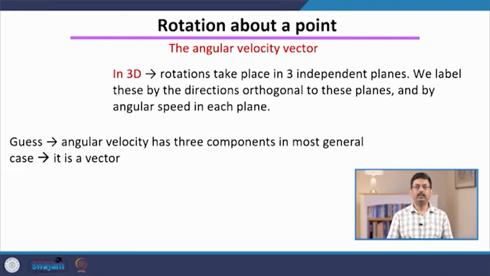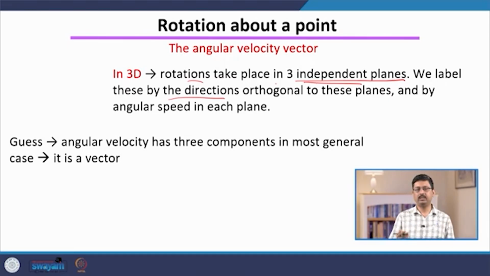Now, in our actual 3D world, there are 3 possible independent planes. The crucial word is independent. In order to describe rotation, we have to take not a single plane, but 3 independent planes. The orientation of each plane can be specified by the direction normal to it, and as we know, in 3D there are 3 independent mutually perpendicular directions, hence rotation takes place in 3 independent planes.